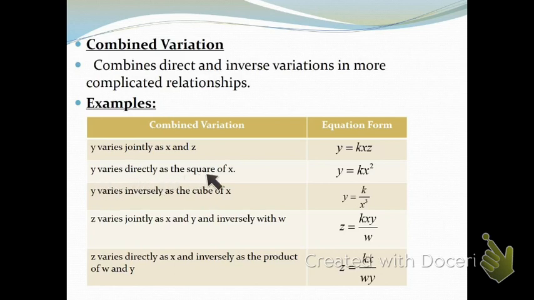Y varies directly as the square of x would be y equals constant times x squared. Okay, y varies inversely as the cube of x. Look at this one. Y varies jointly with x and y. Look at that. So jointly means the same thing as directly, except several of them. And inversely with w. Okay?